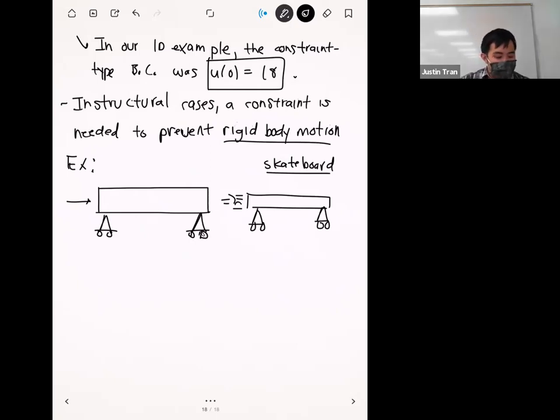So mathematically, what purpose do constraints serve, right? Mathematically, your constraint type boundary conditions give you a reference point from which all your other solutions can be measured relative to.